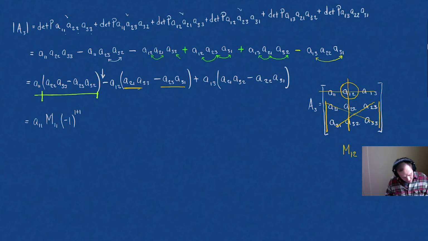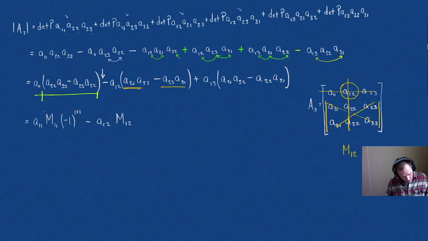So this is plus, well, normally, you don't really have to worry about this. It's kind of a mixed bag. I'm going to write it two different ways. We could just write this as minus A12 times the M12 determinant.